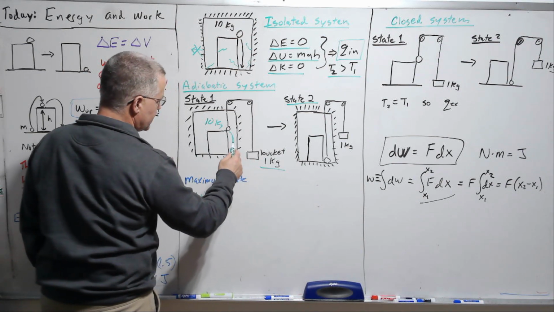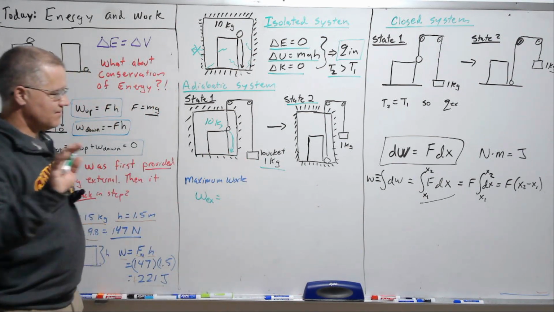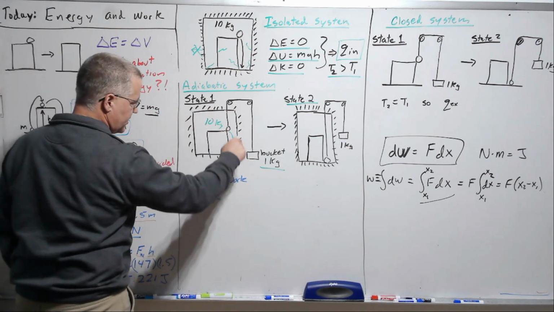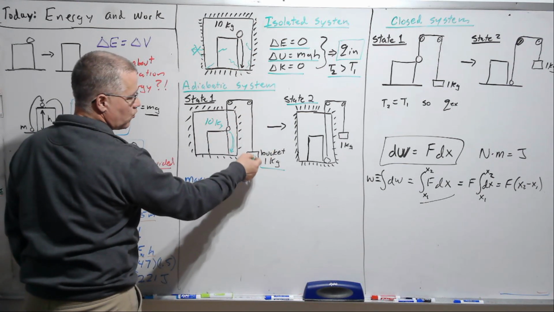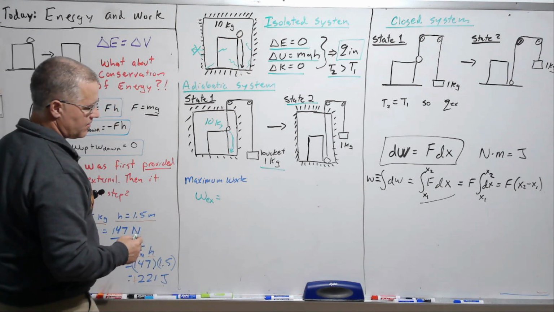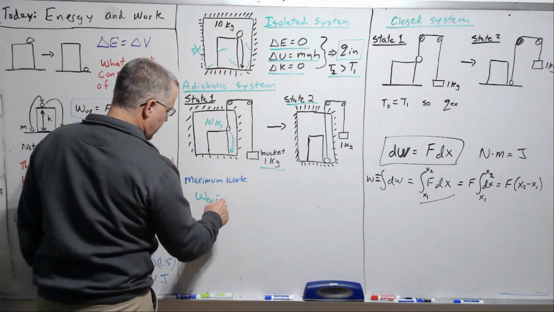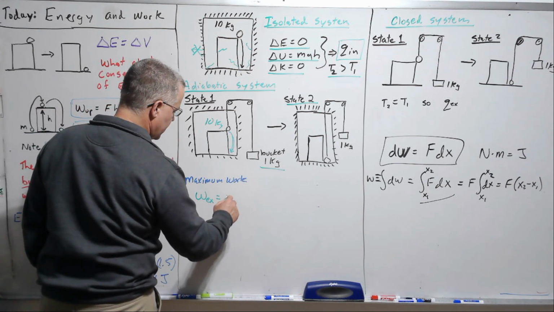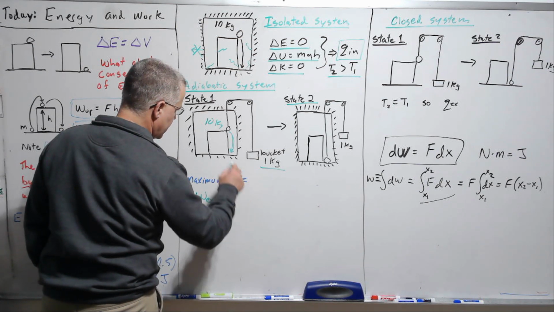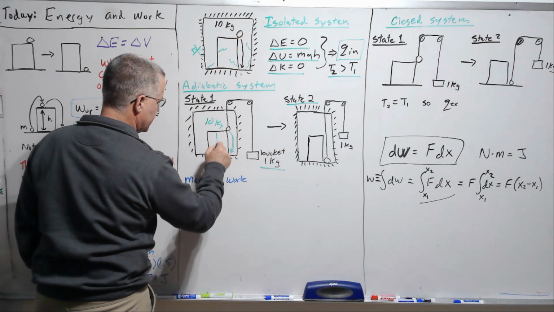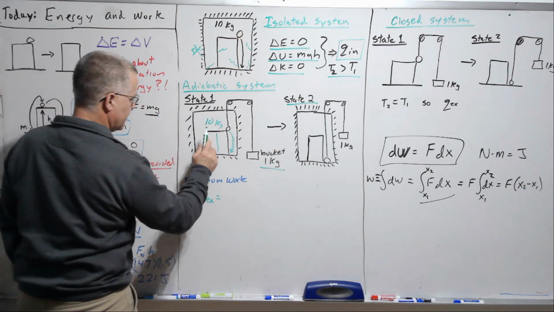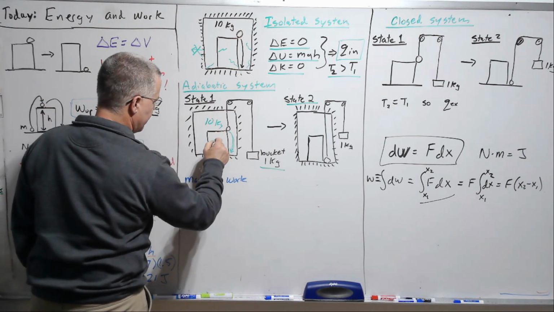Well, we'll be careful there. This is the system we're interested in. Here's some external environment, so this system is going to be doing work on this external environment. Let's give this a height of 1.5 meters.